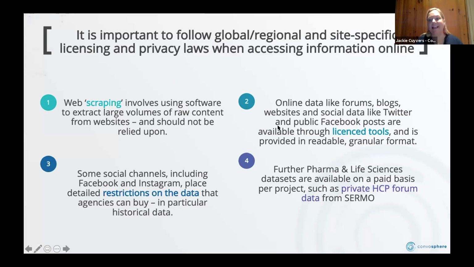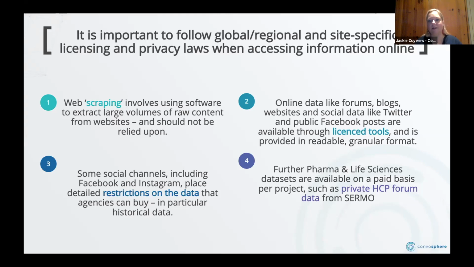Lastly, while these social listening tools gather public data sets, public-facing Facebook groups, public-facing Facebook profiles, public tweets, public forums like Reddit, there is the ability to license on a per project basis data sets that can be really useful to pharma and life sciences.